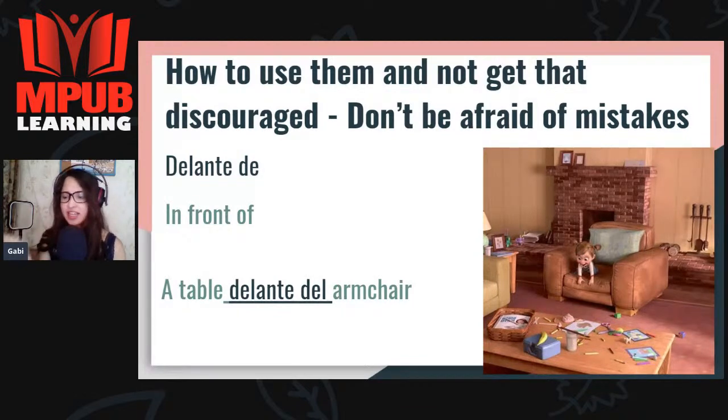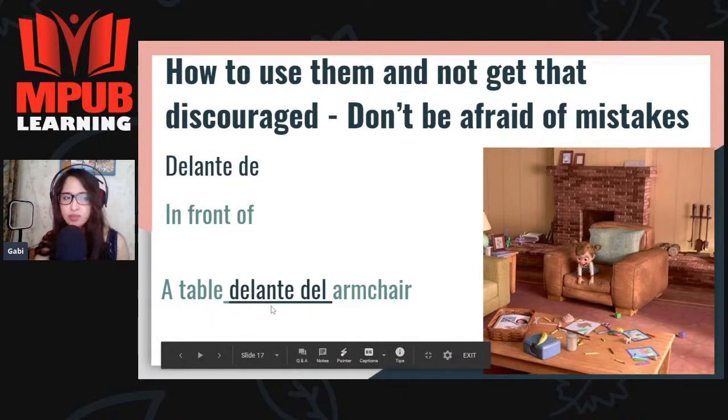How to use it in case you are browsing a magazine or anything you may be watching: don't get discouraged, and don't be afraid to make mistakes. In case you don't know a word, just practice the words that you do know. A table delante del armchair.